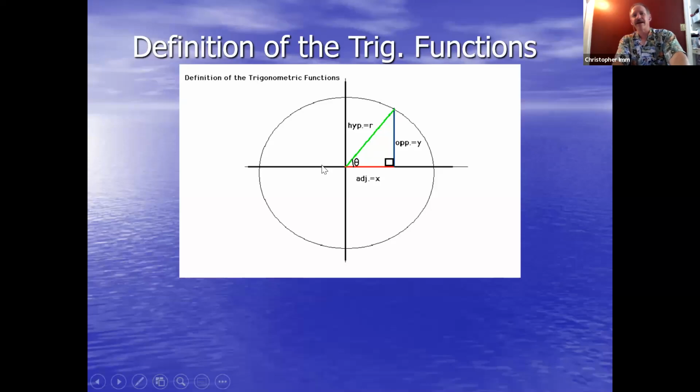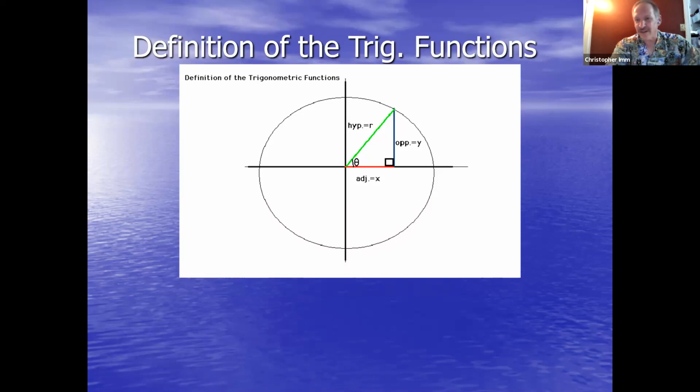Oh, there we go. Okay, so we can define these trig functions by an angle in standard position. So you see my angle in standard position there. It's common to call these sides of the right triangle with reference to that standard angle.